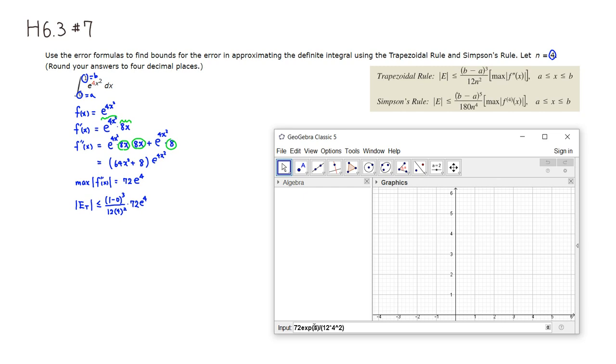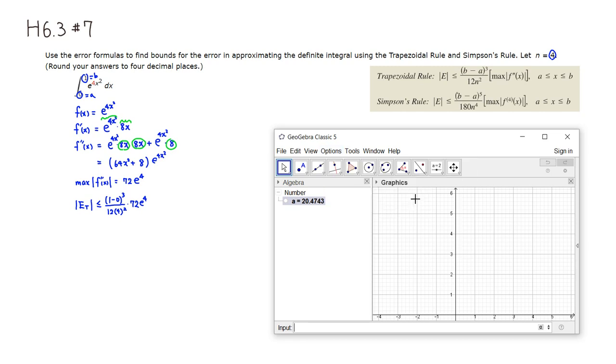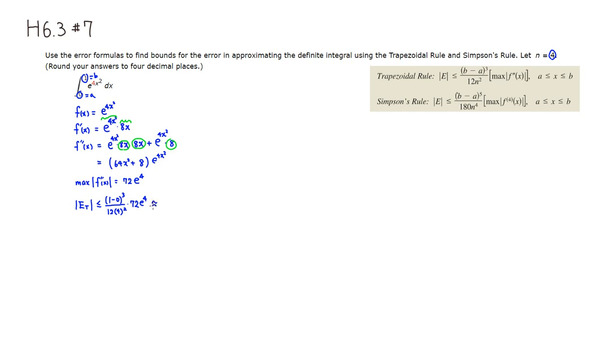I'm going to hit enter. We need 4 decimal places, so rounding to 4 decimal places, it's 20.4743.